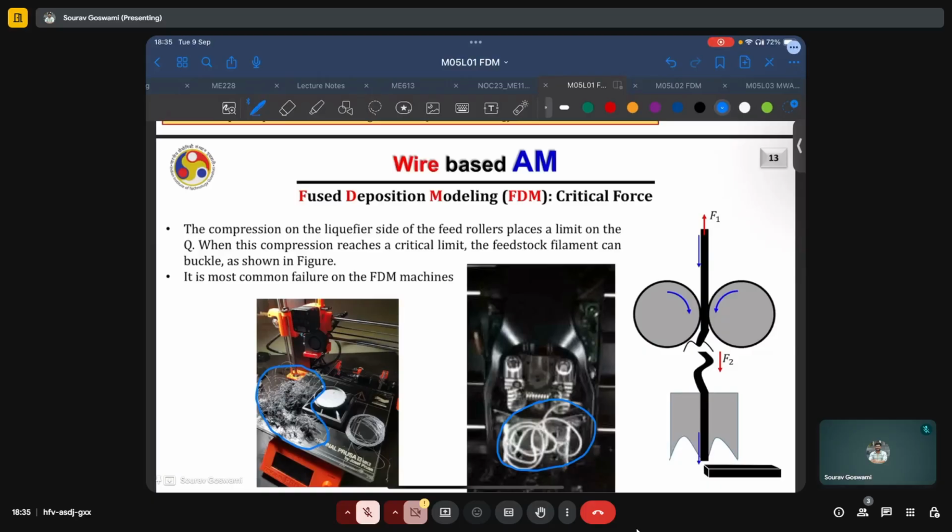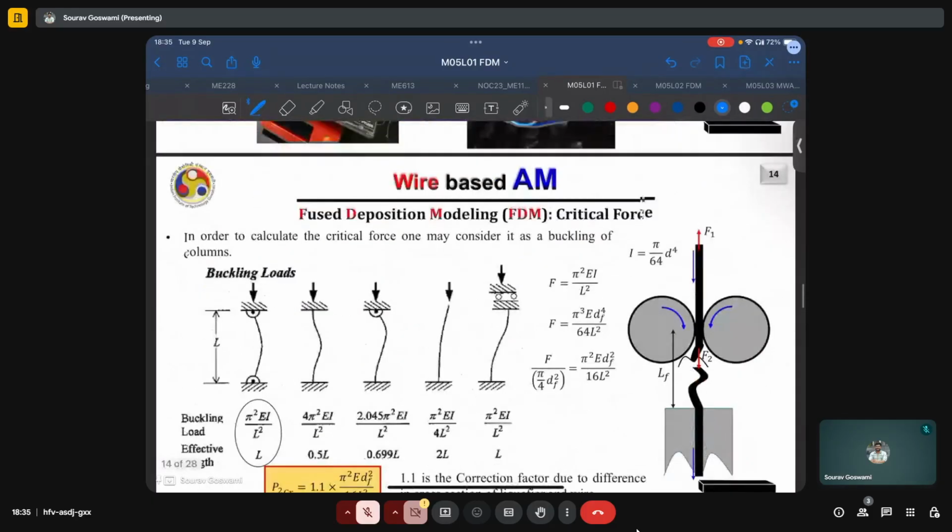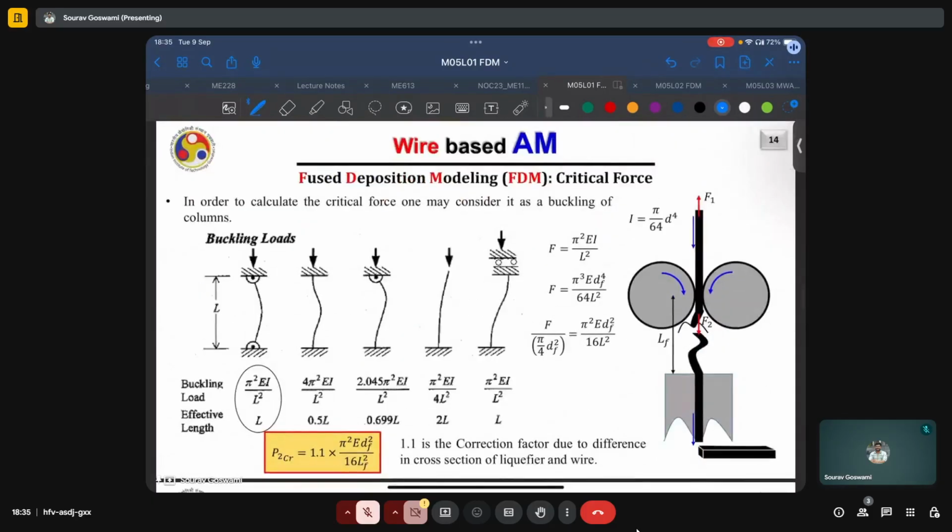Now, if there is the phenomenon of buckling, we should also be able to calculate the critical load required for such buckling to take place. And this is all thanks to Euler beam theory. In order to calculate the critical force, one may consider it as a buckling of columns.